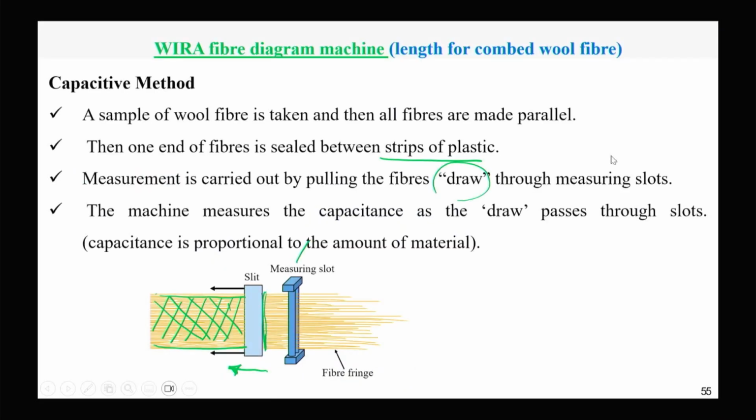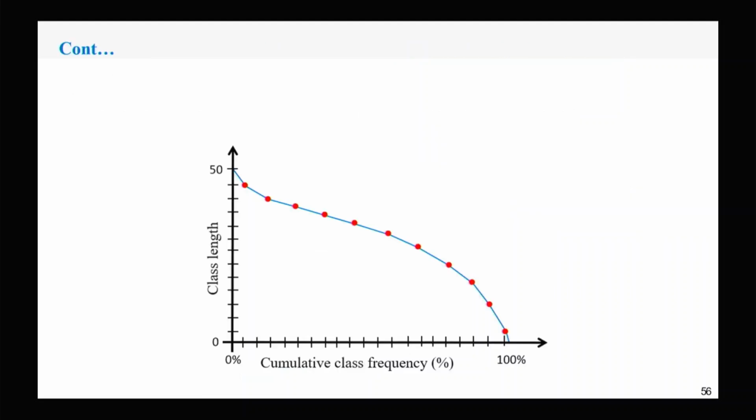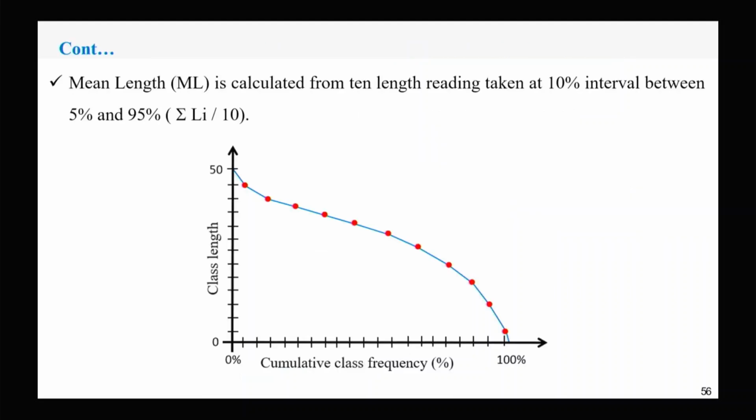Here we can get the mean length. The mean length is drawn at the 10% intervals between 5% to 95%.